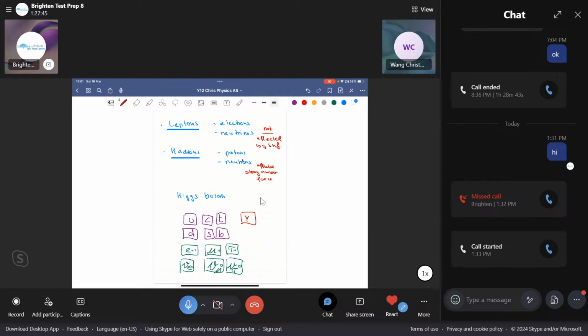We have the gluon, which of course has no mass either. We go into the Z boson, this one here, and we go into the W boson. That's here.